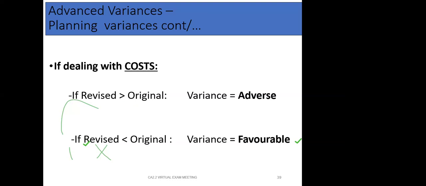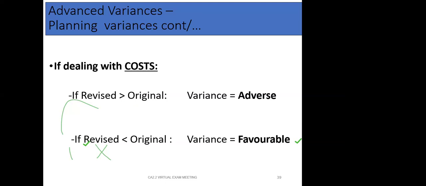Now, the variance signs. If you are dealing with costs, when the revised is greater than the original, the variance is adverse, whilst if the revised is less than the original, the variance is favorable. I could go into the reasons why, but you may have to learn them like that.